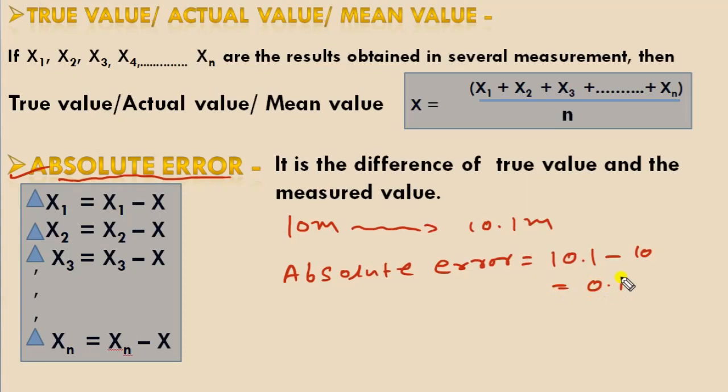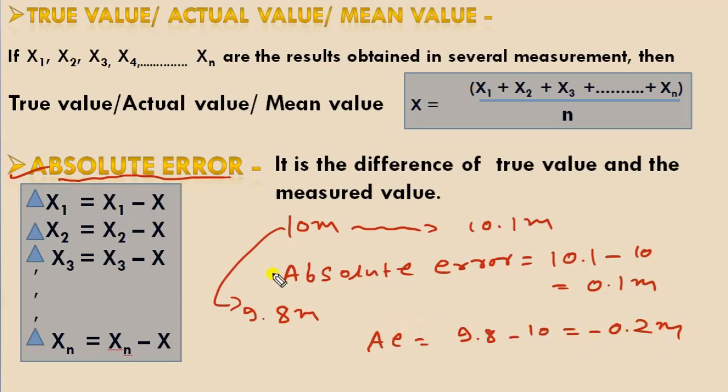It would be equal to 0.1 meter. Similarly, if you obtain 9.8 meter while measuring the same length, then your absolute error would be the measured value, 9.8 meter, minus the true value, 10 meter. It would be equal to minus 0.2 meters. So we can see that absolute errors can be positive as well as negative. Clear?